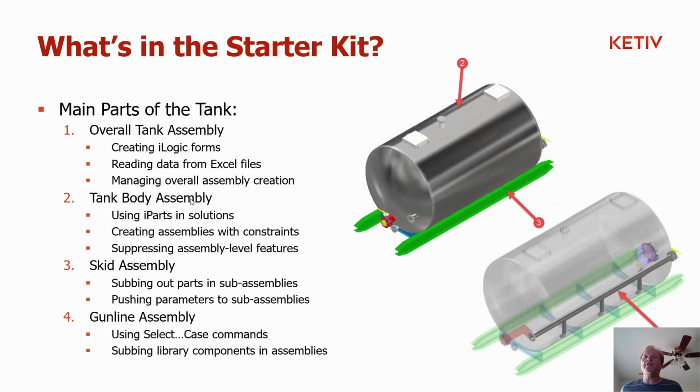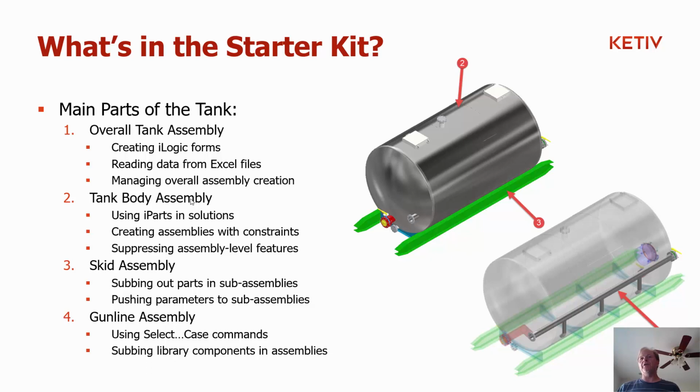So let's go ahead and review the main parts of the tank. First of all, we have the overall assembly, and that's where the high level logic exists that brings together the tank body, the skid assembly, the manways, the inlets, the outlets. All of that comes into the overall tank assembly. Now, when you look through this is the main rule, and you'll learn how to create iLogic forms. In there, there's a bunch of information that I embedded inside of an Excel file.